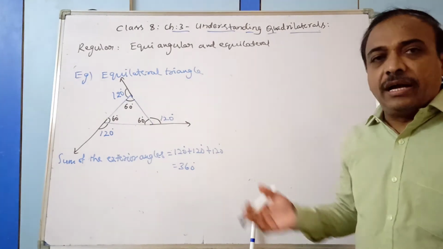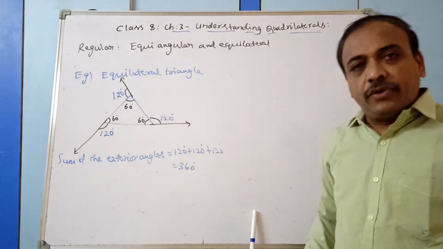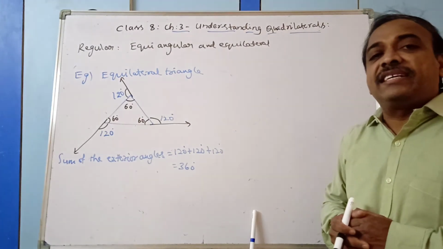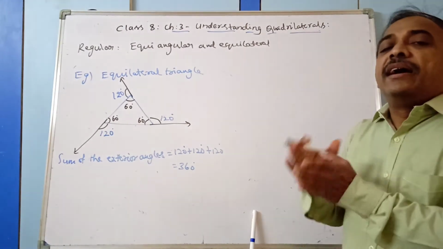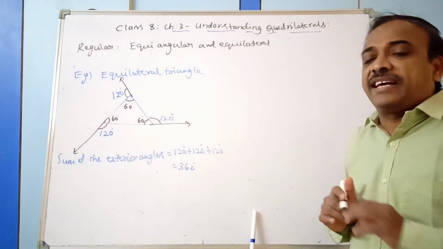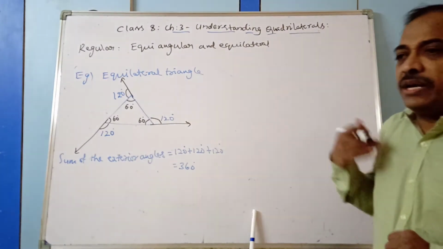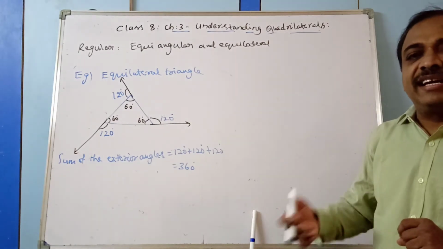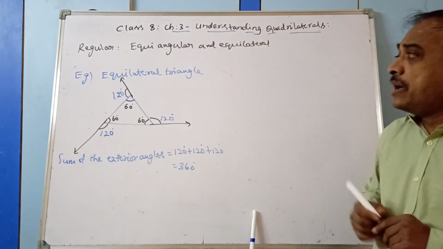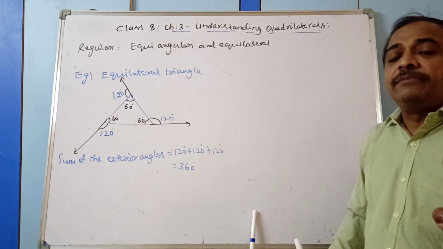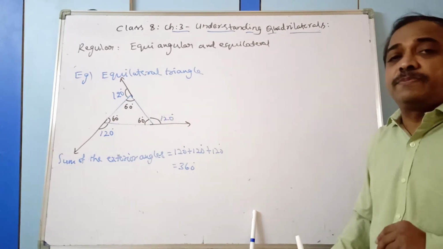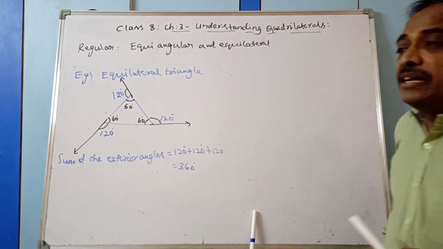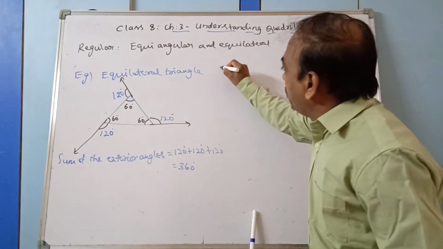For five, six, seven sides we just add regular: a regular pentagon, a regular hexagon, a regular septagon. But especially for three sides and four sides we have special names, equilateral triangle and square.